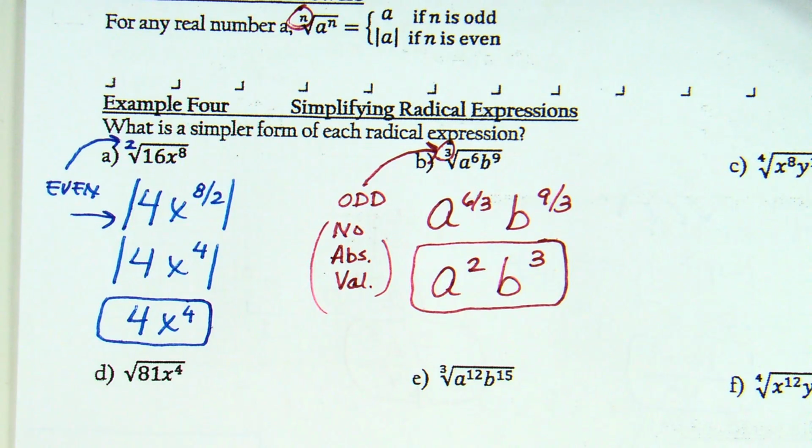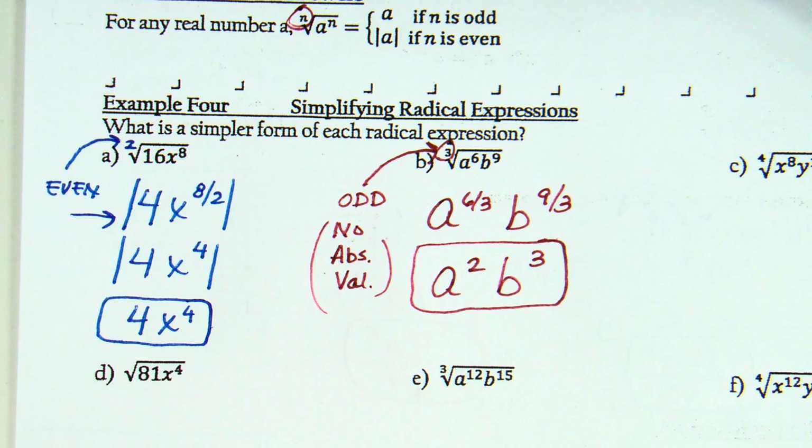Whereas if I say, what's the square root of a negative, can we do that? We can't do that because of the negative. And so that's what we have to watch out for. Okay?